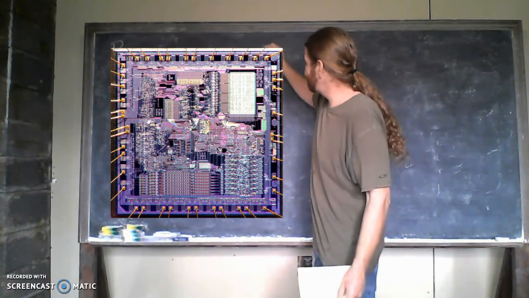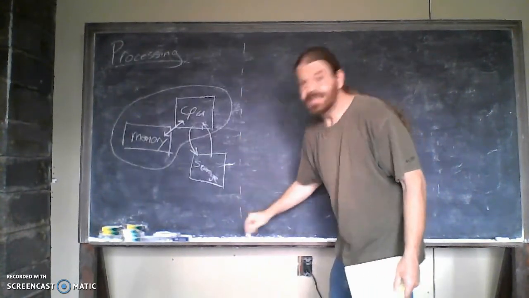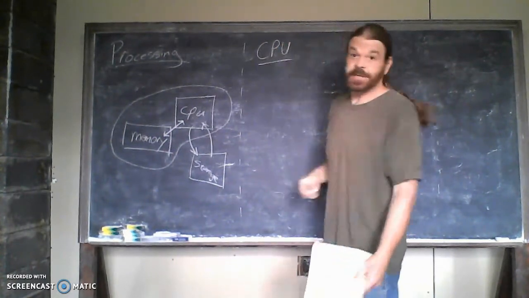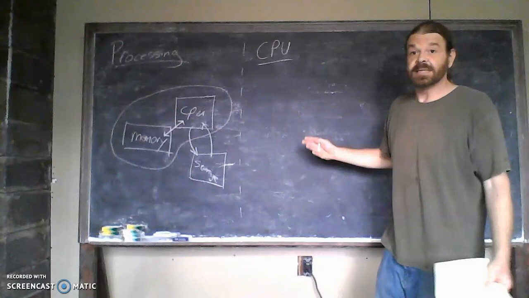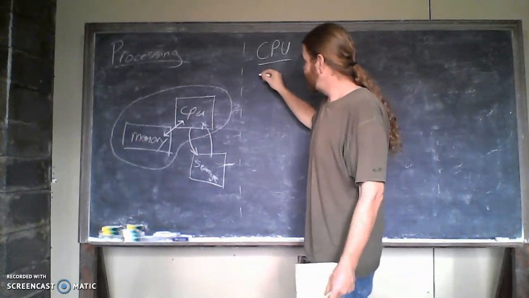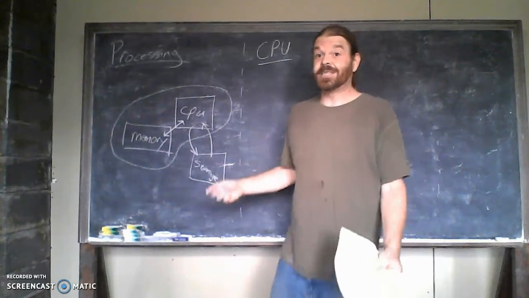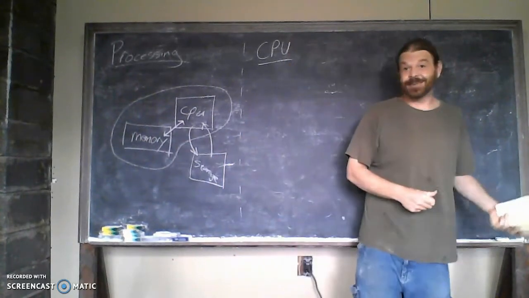So let me start with just a list of the major pieces. This is the one I expect you to know, the list of major pieces. In general, I will always try to show more than what I grade you on, right?